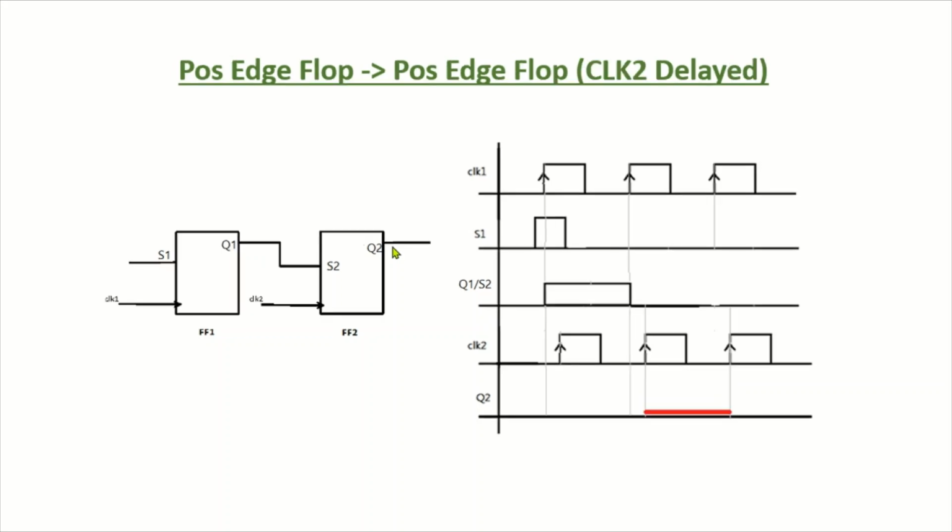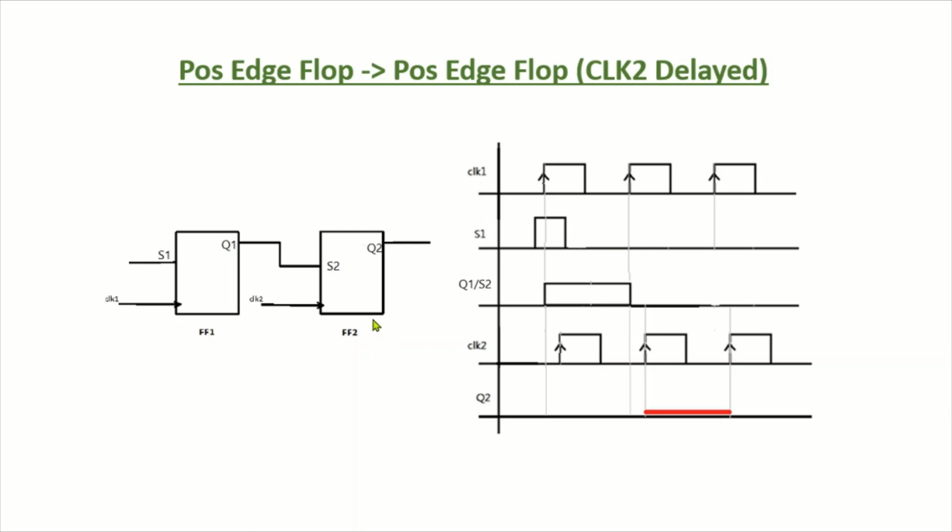When clock 2 is delayed, we can see that the S1 data is going to Q1 and Q1 data is going to S2, and S2 data is unable to be captured at clock 2 because of the delay of the clock pulses.